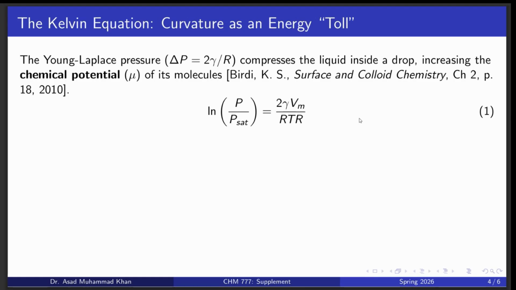So if we look at the Young-Laplace pressure that we just saw in the lecture, then delta P is equal to 2 gamma over R, which compresses the liquid inside a drop, increasing the chemical potential of its molecules. So basically, we have log of P over P saturated equal to 2 gamma Vm over RTR. ठीक है ना, saturation pressure है ये.